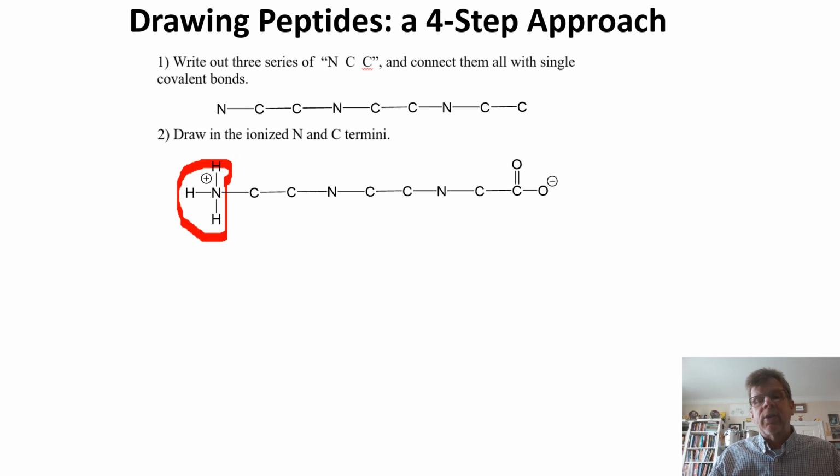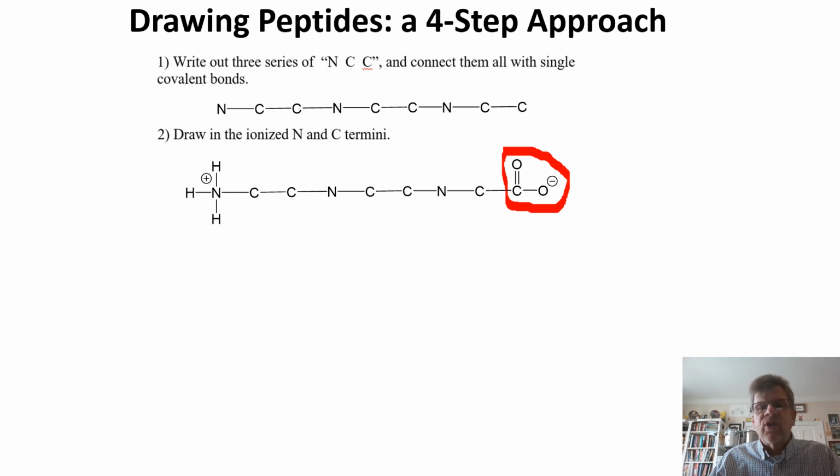And at physiological pH over on the right-hand side, we're drawing the C-terminus as a carboxylate, not COOH, COO minus, because remember, both amines and carboxylic acids are 2 of our functional groups which are ionized at physiological pH. So we draw these 2 termini in there, leaving the rest for now.